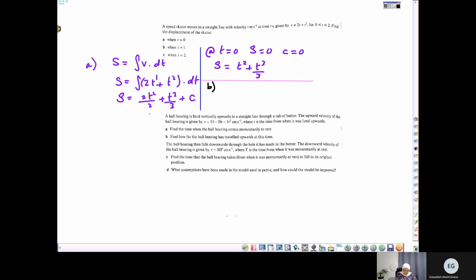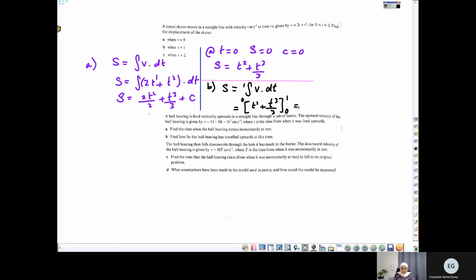Now, part B. When t equals 1, you will just say that S is equal to integral of velocity with respect to time from 0 to 1. And you will put the box brackets and you substitute in t squared plus t cubed over 3 from 0 to 1.